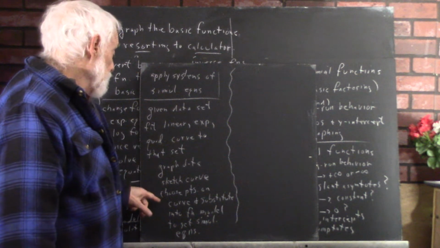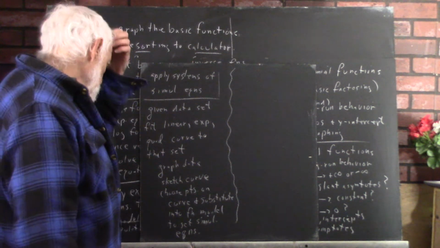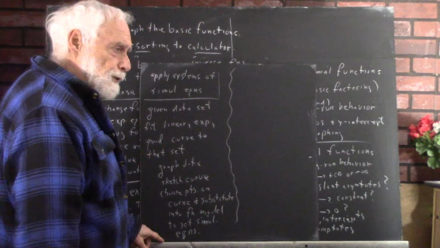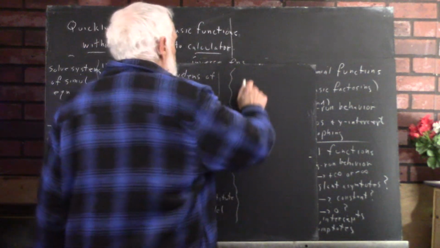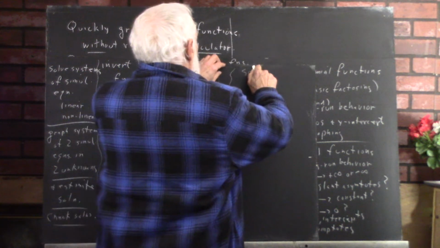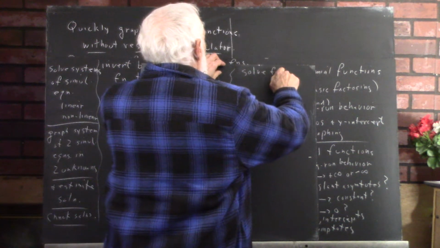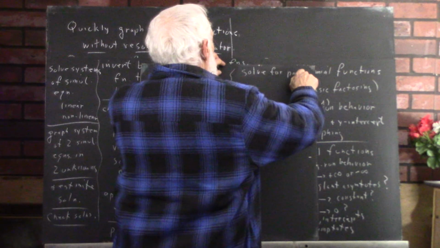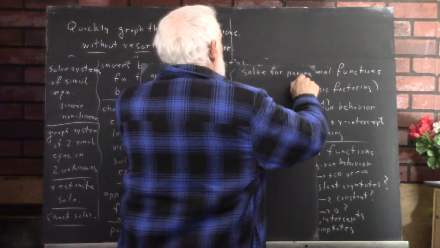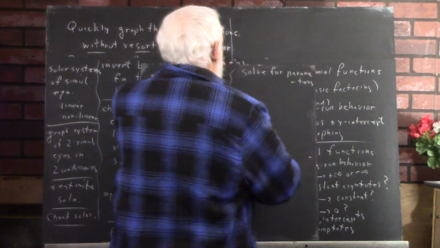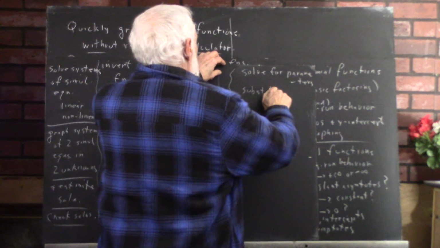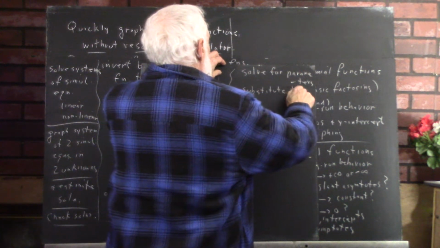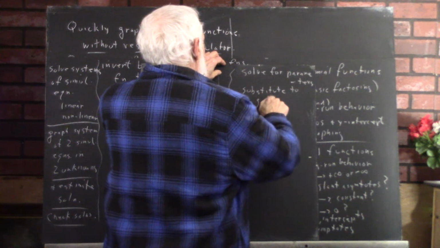Okay, graph the data, sketch the curve, choose the points in the curve, and substitute into the function model. Get your simultaneous equations, and solve for the parameters. Substitute to get the function.